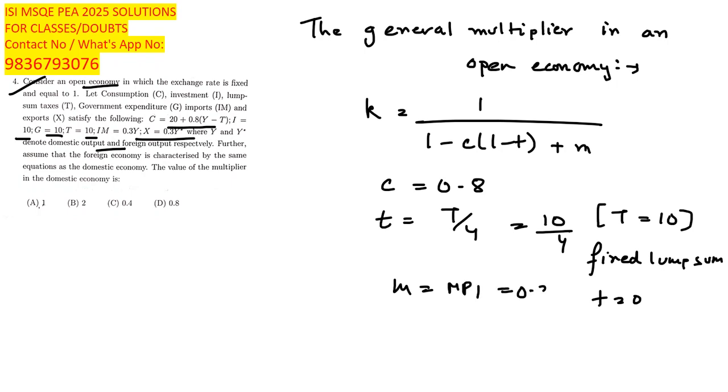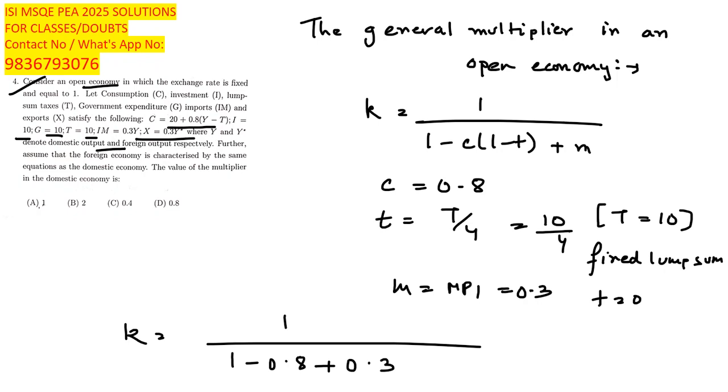So that is 0.3. So then my multiplier becomes k is equal to 1 by 1 minus 0.8 plus 0.3. So that is 1 by 0.5. So that brings to 2. So my correct option will be option 2.